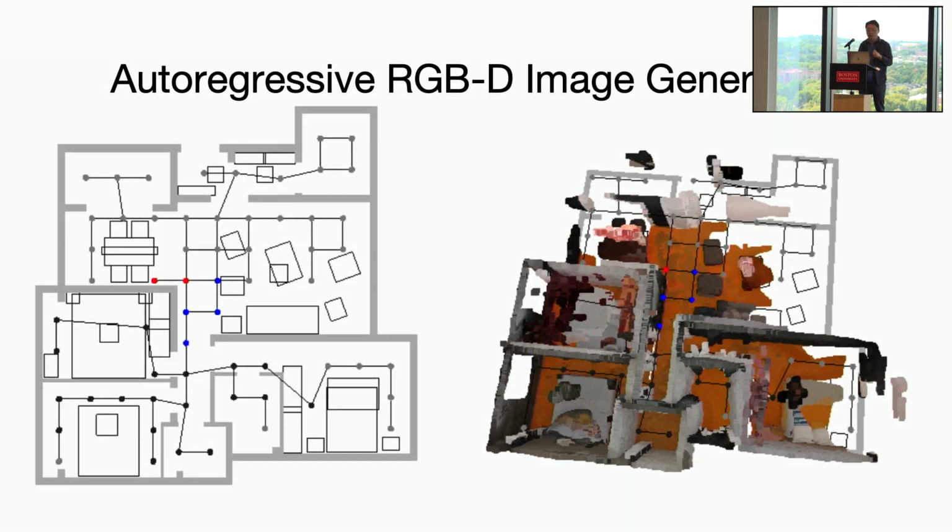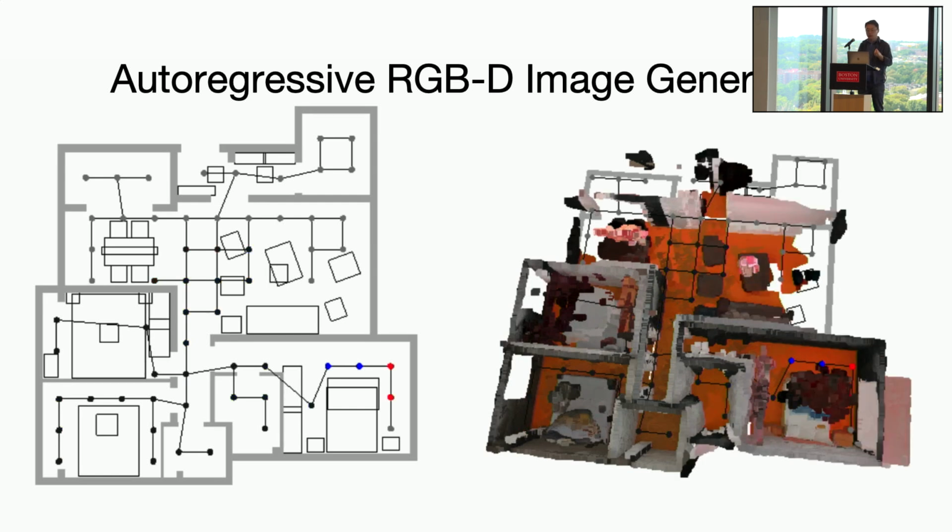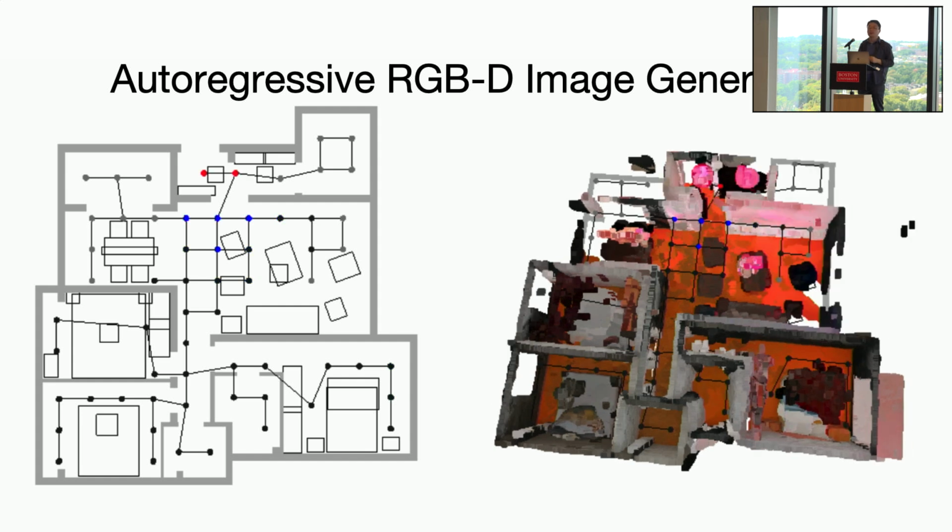After getting these newly generated RGBD images, we can merge them into the already partially generated scene. So the generated scene will become larger, and we can repeat this process, visiting more red nodes, until at some point we traverse the entire graph.